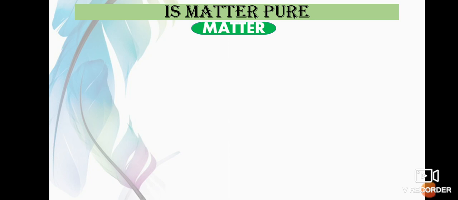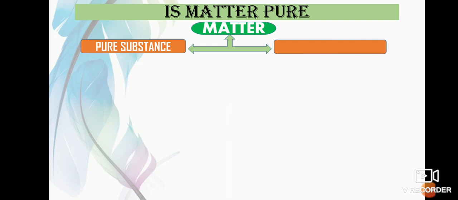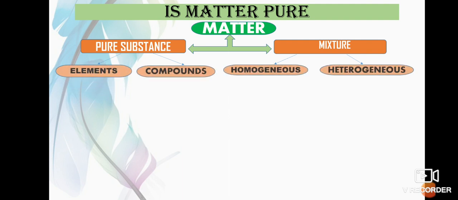Now today we are going to discuss whether matter is pure or not. For that we have a flow chart. See here, matter has two types, pure substance and mixture. And pure substance and mixture are each divided into two types. In pure substance: elements and compounds; and from mixture: homogeneous mixture and heterogeneous mixture.